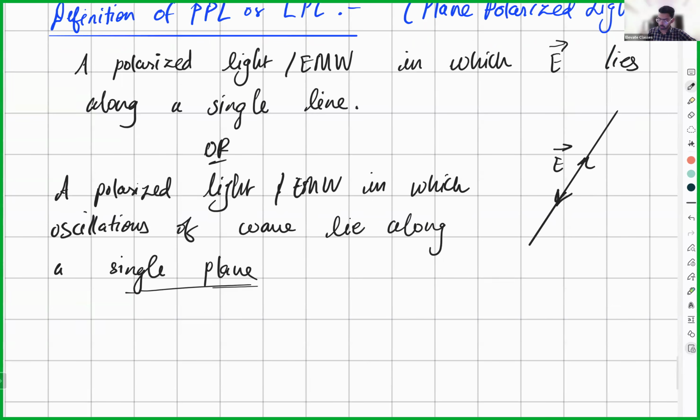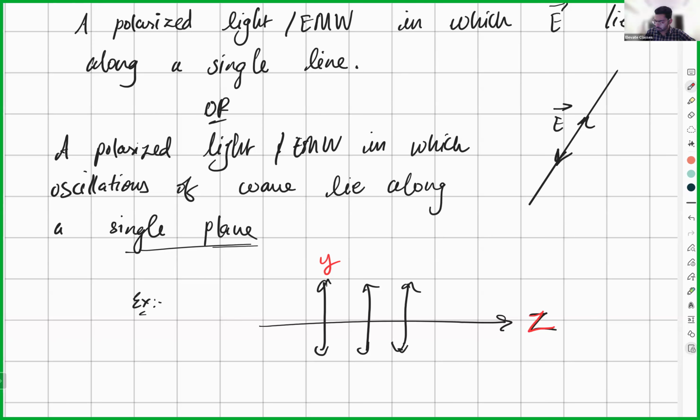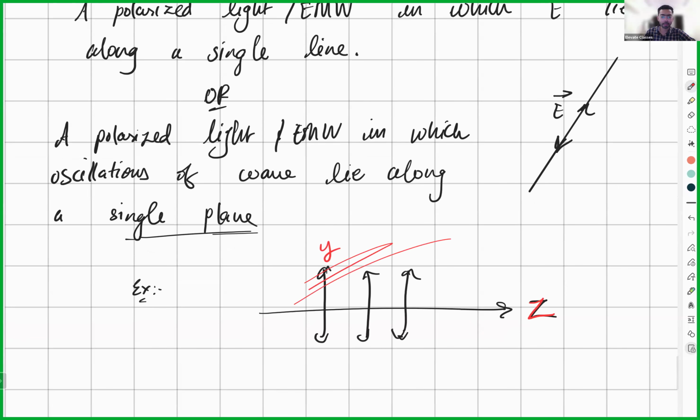Like for example, this is the propagation direction and these are the oscillations of the wave. So you see, if this is the y direction, this is the z direction, the oscillations lie along a single plane. This is the plane, that is the YZ plane.